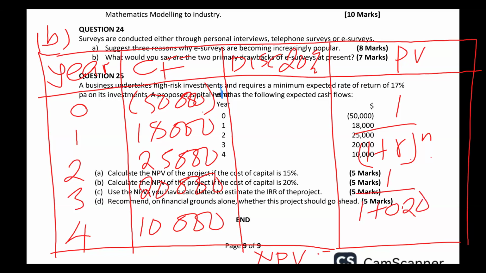That's 20%, right? And that will give you 1.20. In the first year, you say to the power 0. 1 divided by 1.20 to the power 0 should give you 1.0000.